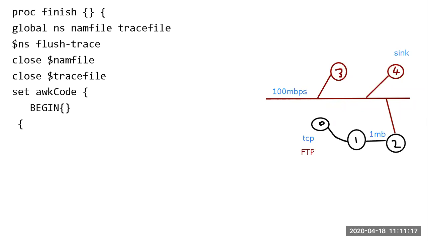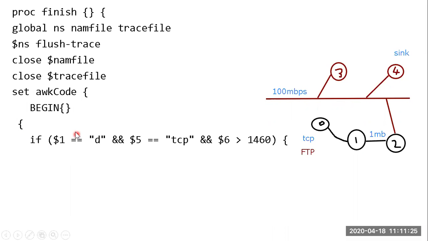In the process block, you are writing: if $1, which is the field in the trace file, has the D component, D is nothing but drop, and the packet is TCP, and if the size is greater than 1460, it will count the packet.